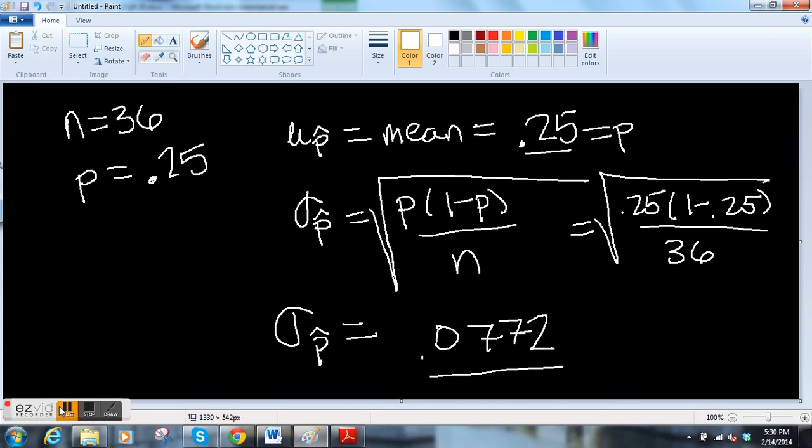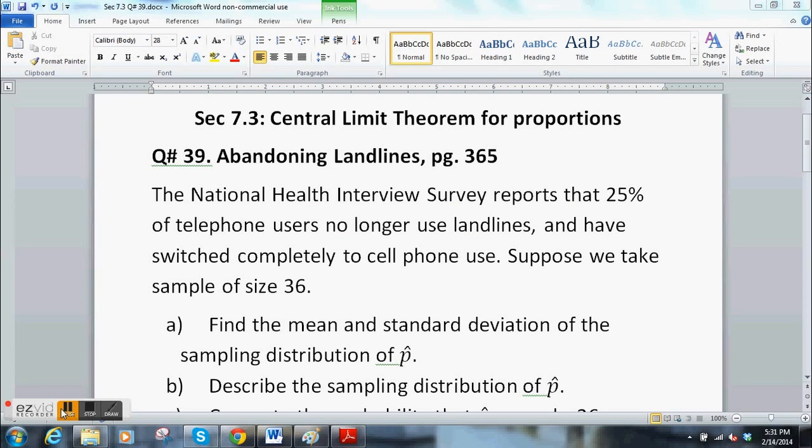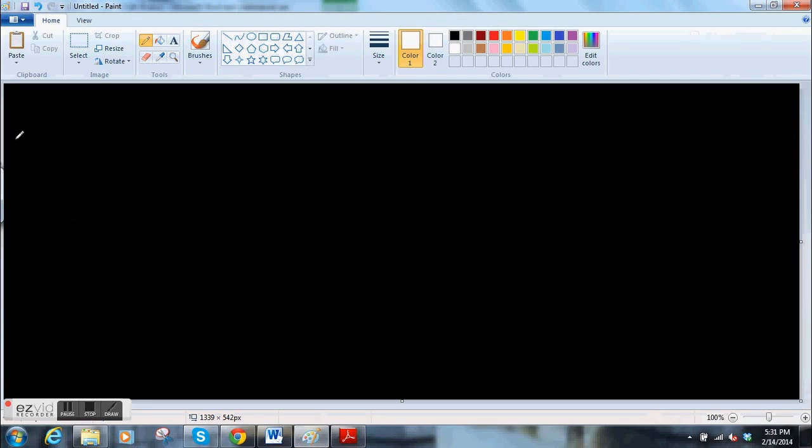Next part. The next part says to describe the sampling distribution of p hat. Well, you might think, we just found the mean and standard deviation. Isn't that what they're talking about? What they're really saying is prove that p hat is normal or not. So they're really saying for part B, is p hat normally distributed? So we know, again, n equals 36.